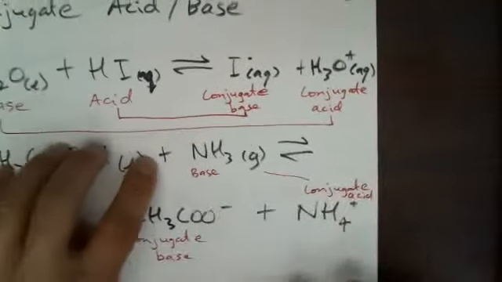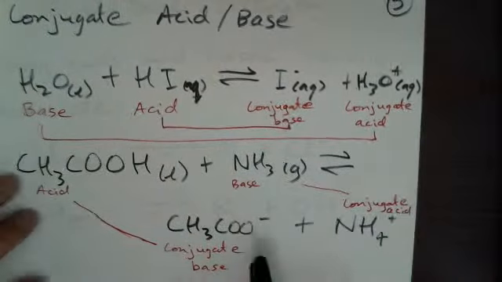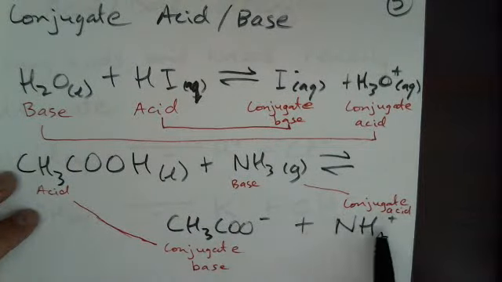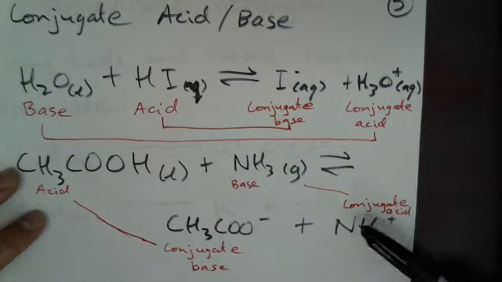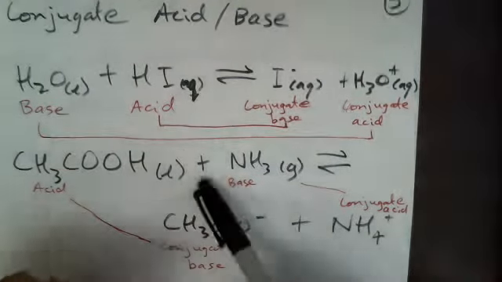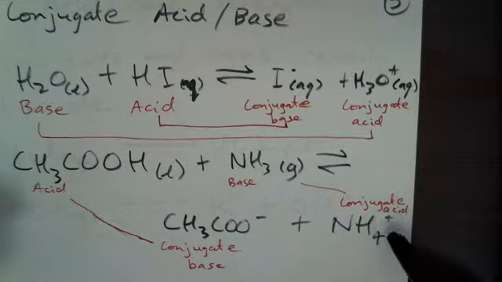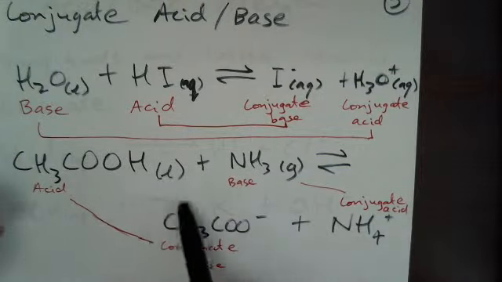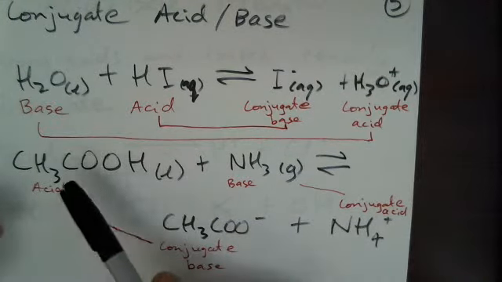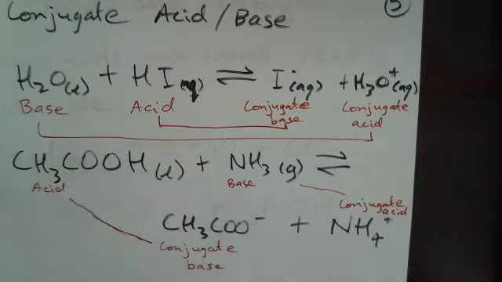But I've drawn it on the line below because there's not enough room. So this is the conjugate base. This is going to be the conjugate acid because when it goes back across these arrows, it's going to lose its proton to form the ammonia molecule again, and the acetate would get that proton to form the acetic acid again.